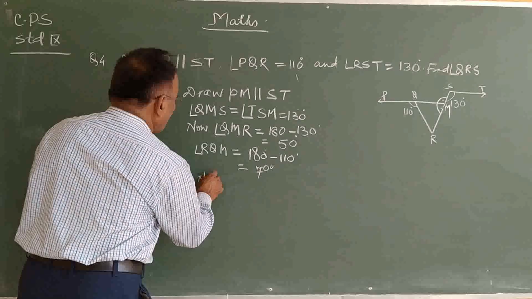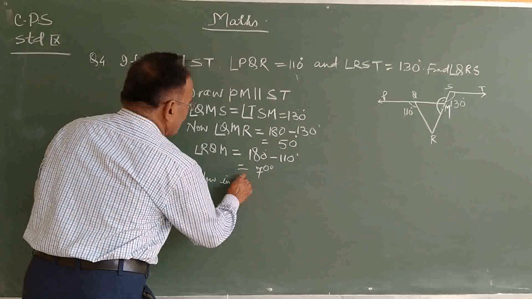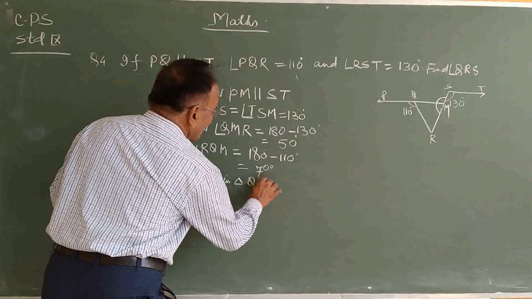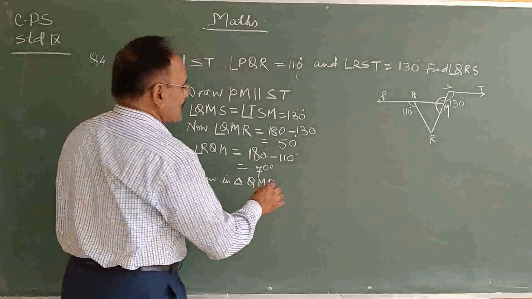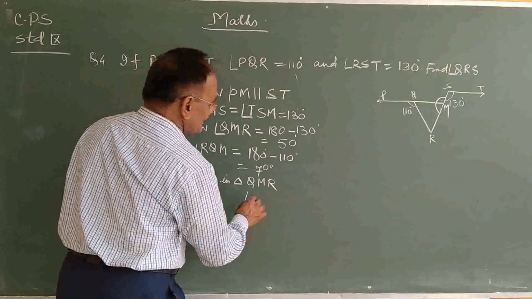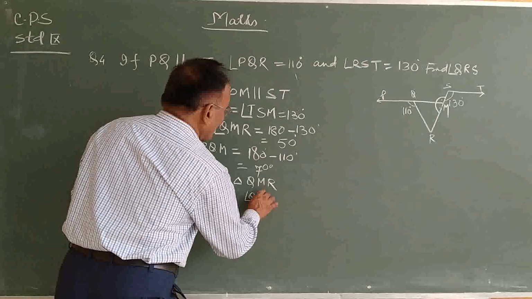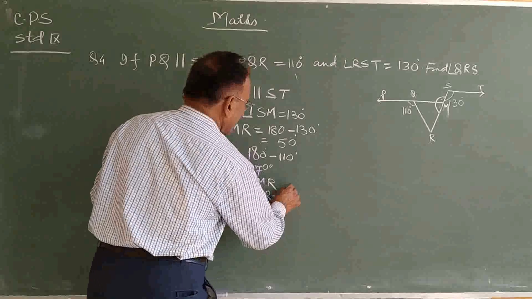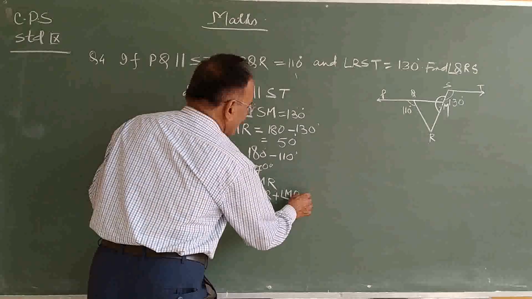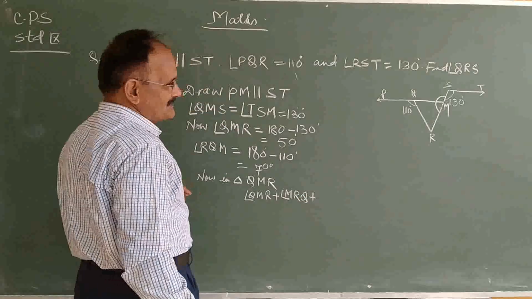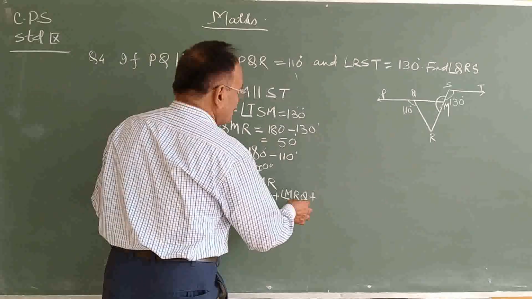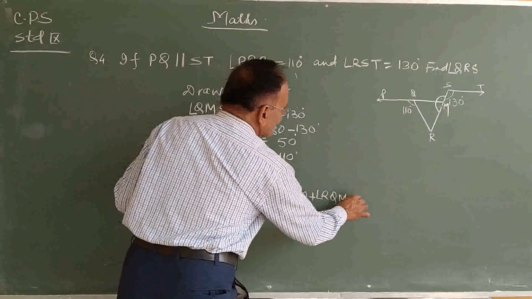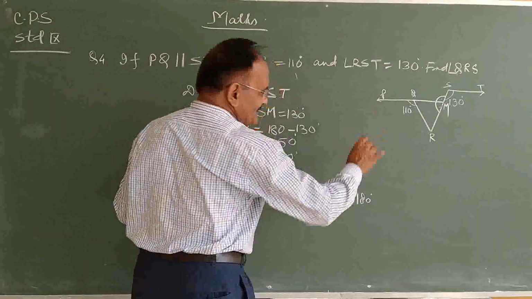Now, in triangle QMR, angle QMR plus angle MRQ plus angle RQM is equal to 180 degrees.